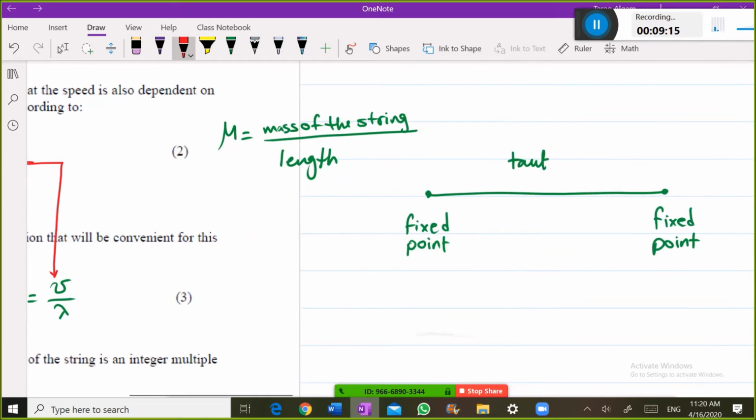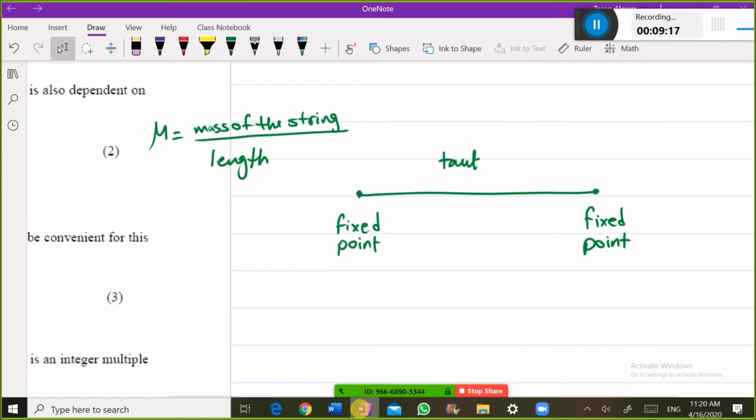Here, attention, to make this experiment, we have to bring two blocks like this. We have to tightly place the string between these two blocks.